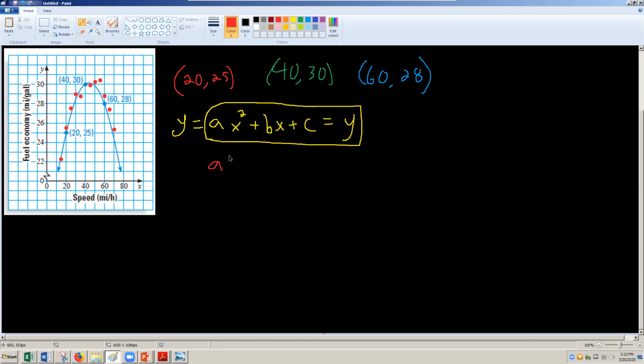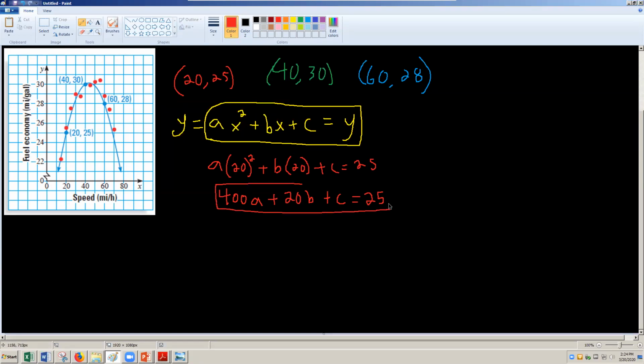I get a times 20 squared plus b times 20 plus c equals, and now I'm going to plug in my y value here, which is 25. I'm going to simplify this so I get 400a plus 20b plus c equals 25. And that's one of the 3 things that I'm going to end up using.